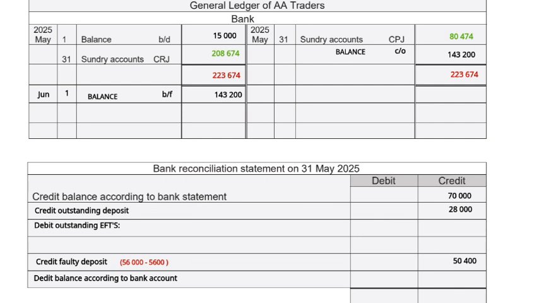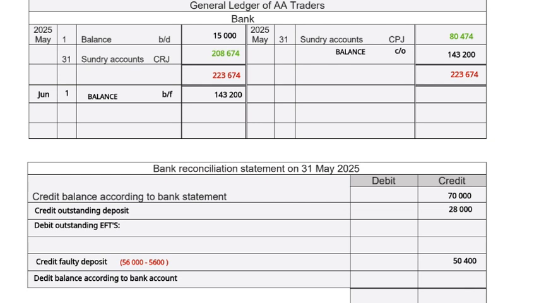Then if you also go to your tax payments journal extract, you will see that EFT number 28 and 29 are not on your bank statement. 800 Rand and 4,400, if you go to your bank statement, you will see those two amounts do not appear on your bank statement, which means we have to put them into our bank reconciliation statement under debit outstanding EFTs.